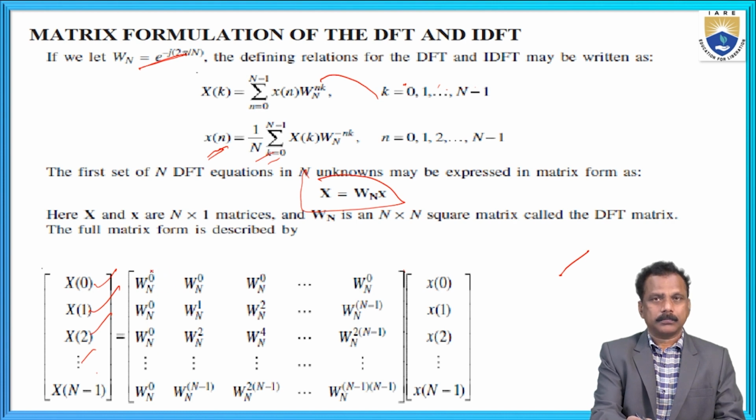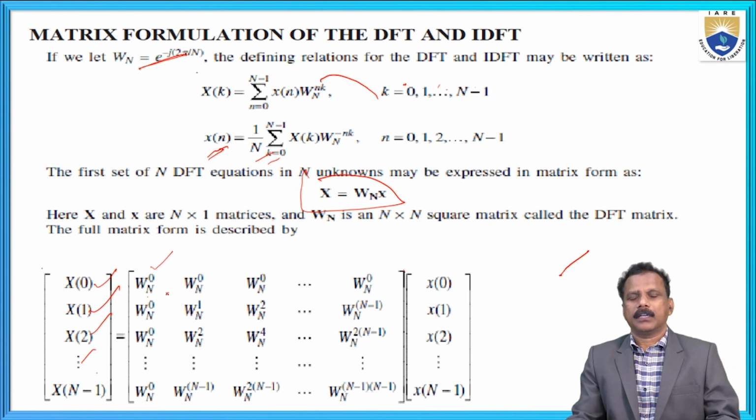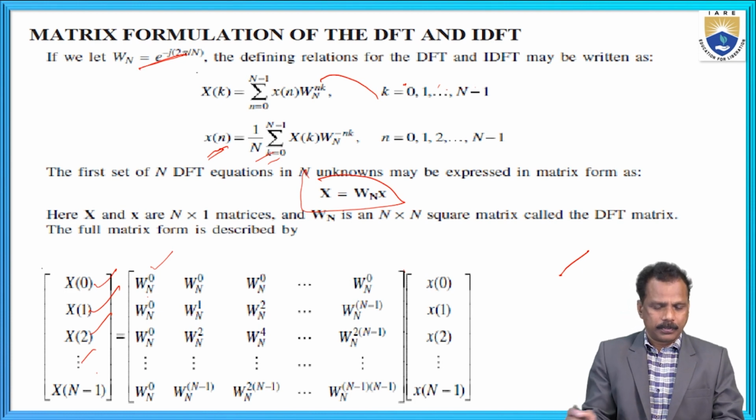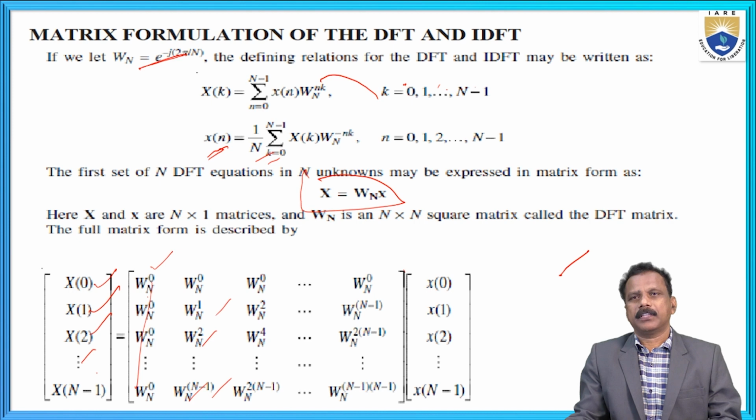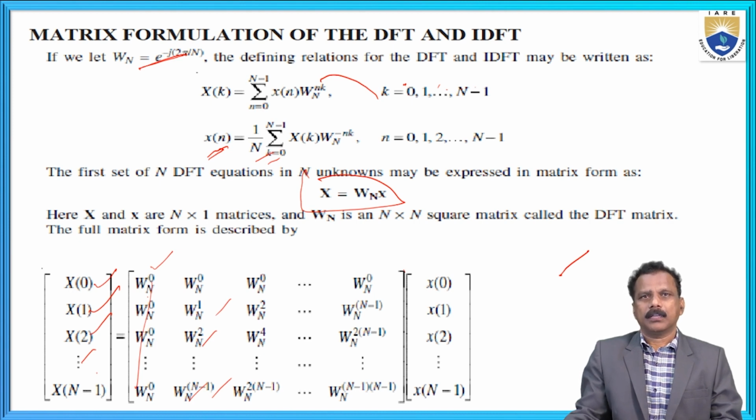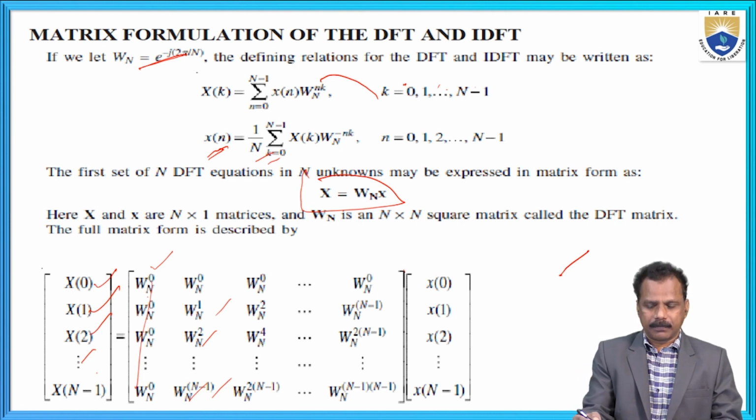All the entries are represented by the twiddle factor Wn to the power 0 and so on, multiplied with the given sequence x of 0, x of 1, x of 2, x of 3, x of 4 up to x of N minus 1.